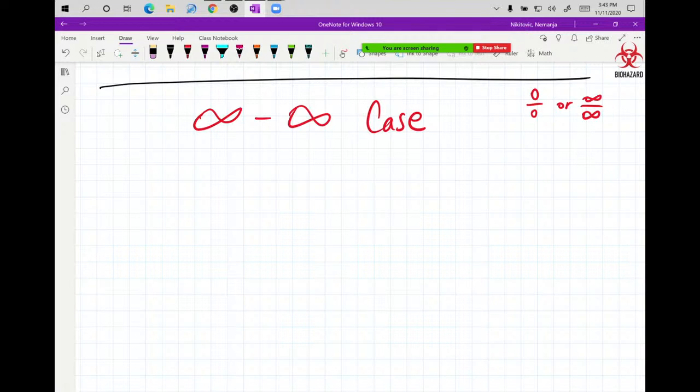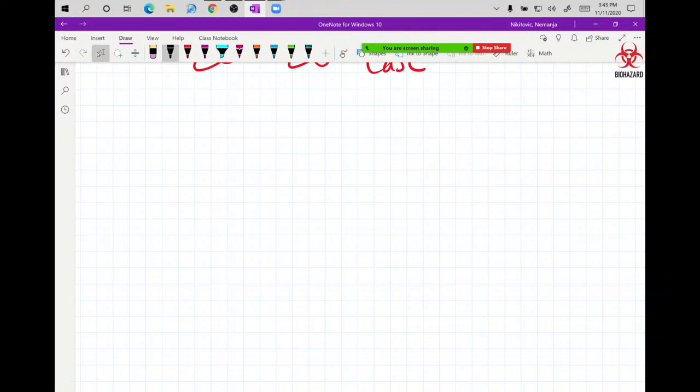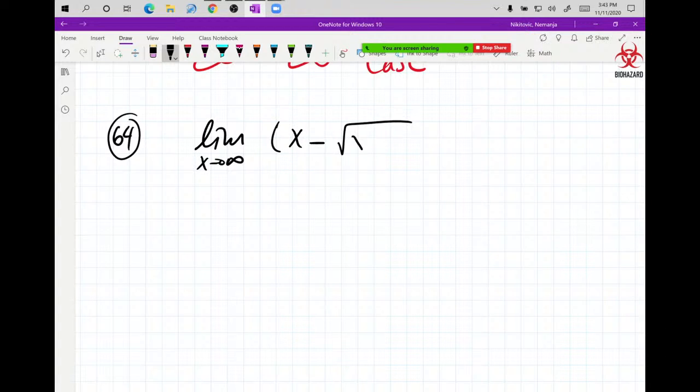Well, yeah, let's do a similar example to the one given there, and then we'll figure it out. So again, read the one that is given in the book. Let's go with problem 64, and then we'll do another one for good measure. So limit x goes to infinity of x minus square root of x squared plus 4x.